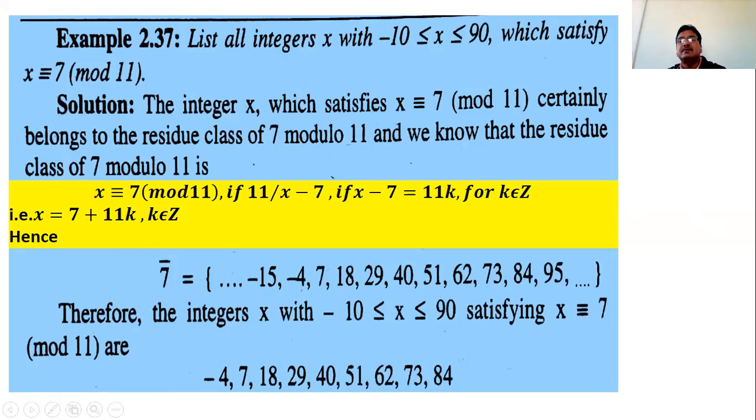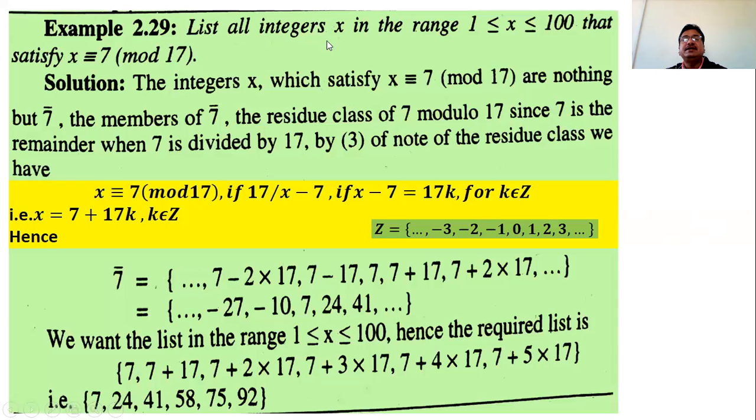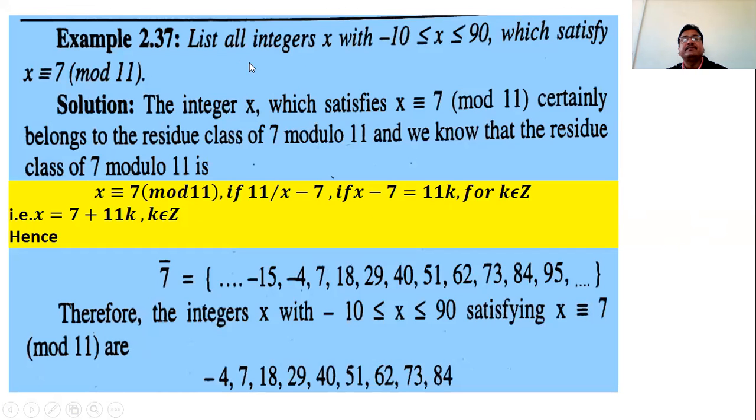List all the integers x in the range 1 to 100 that satisfy x congruent to 7 mod 17. Same type of question: list all integers x with minus 10 to 90. What is the range?